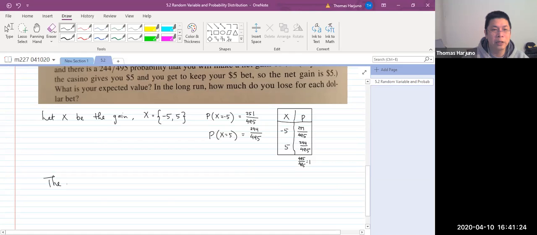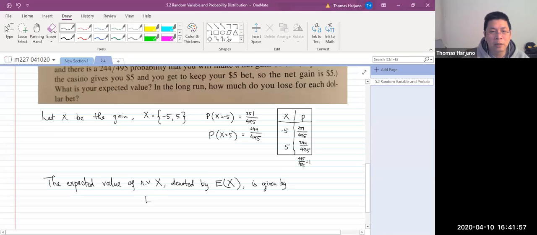The expected value of random variable X, denoted by capital E, parenthesis, capital X, is given by the expected value of X equals the sum of Px.